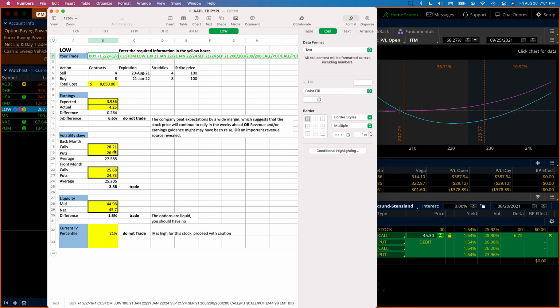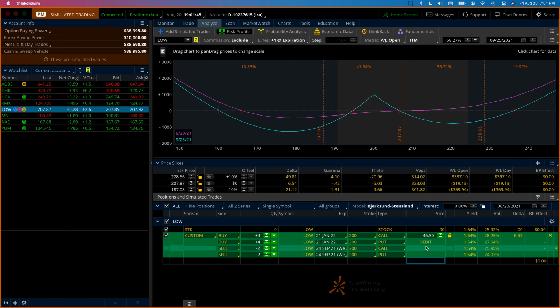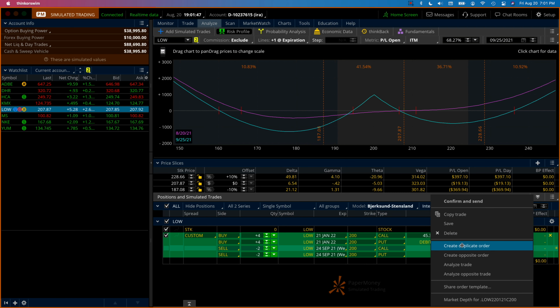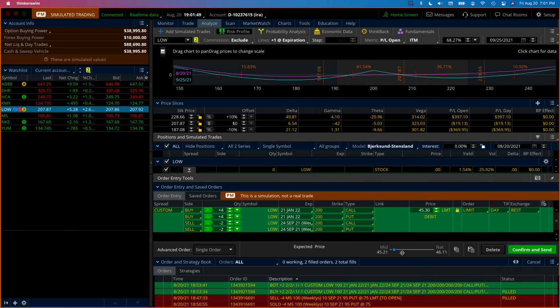The back month options, this is an average of the two, 27.58, and the average of the front month is 25.20. The difference is 2.38. Since it's less than 3%, you can trade. For the liquidity, the way you calculate that, again, create duplicate, and you see mid and natural.